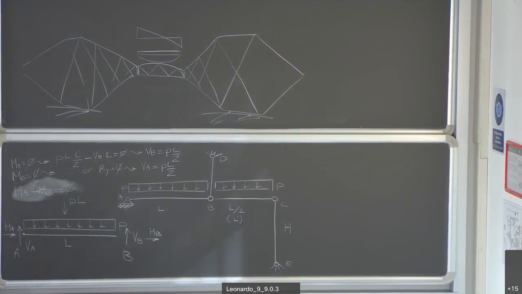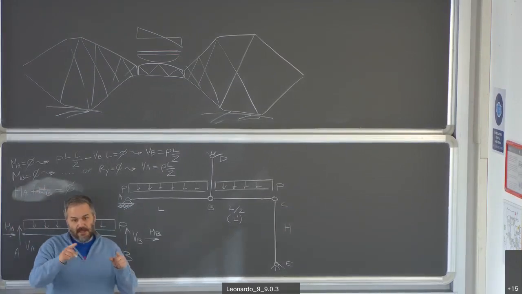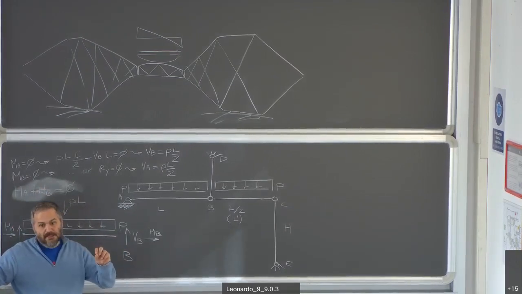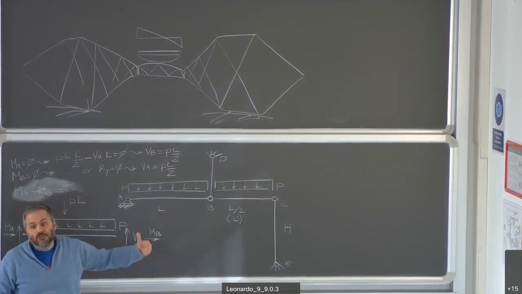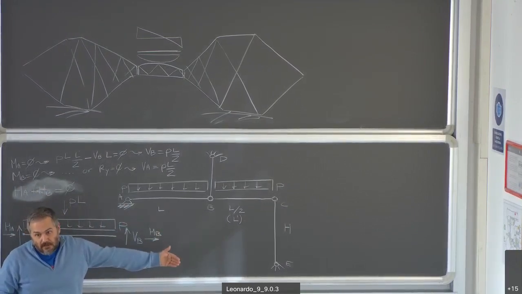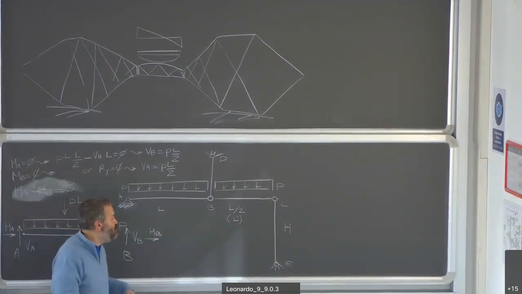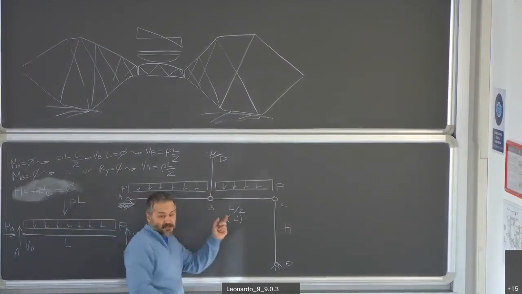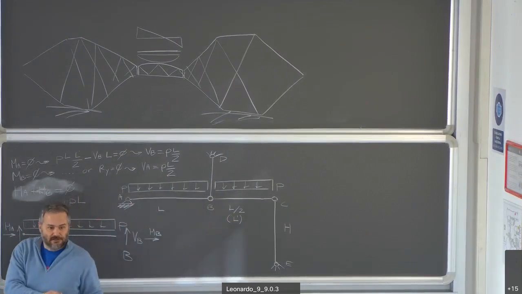Okay? This is the only thing that makes this beam different from a simply supported beam. There can be an axial force. We will then come back to it and show it 0. But the only difference between any beam that has 2 hinges is the axial force. Okay?